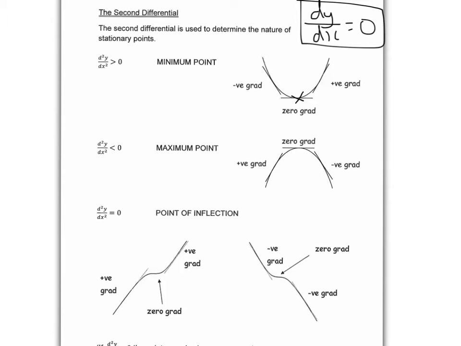If we look at this one, it is increasing, going up and up and up, and then it reaches this point where it briefly pauses. That's a turning point or a stationary point, and then it begins to decrease. These turning points happen when we're changing from a negative to a positive gradient, or a positive to a negative gradient.